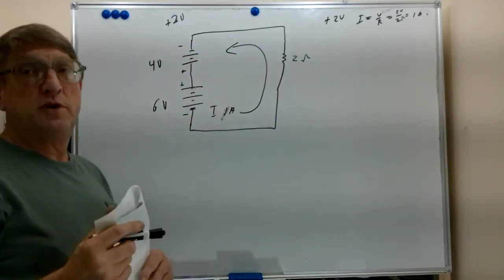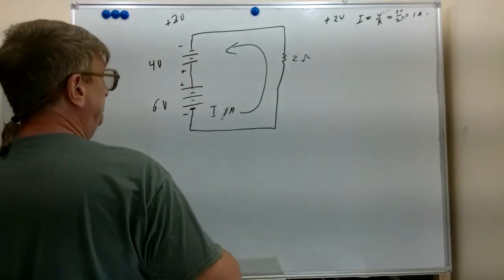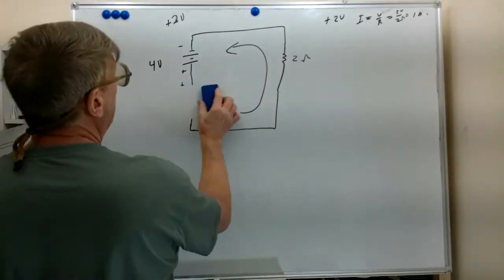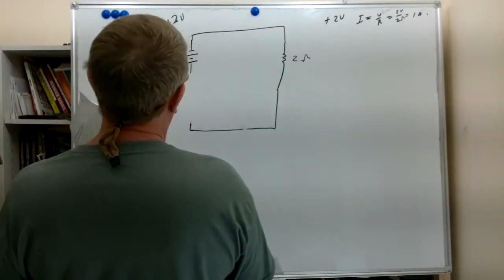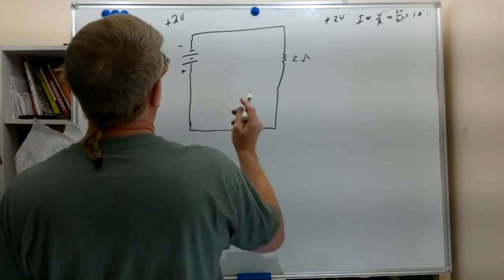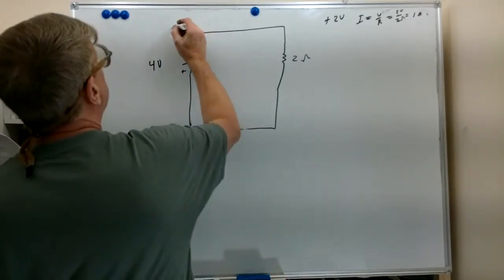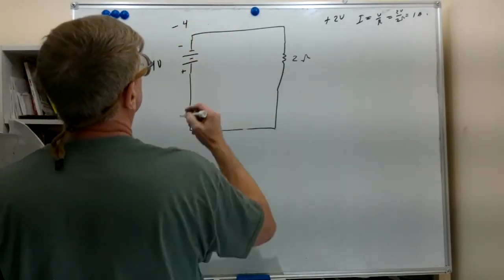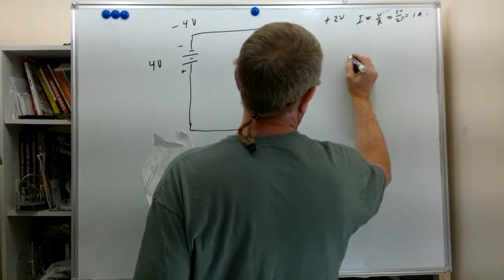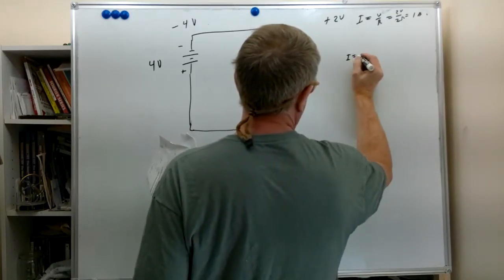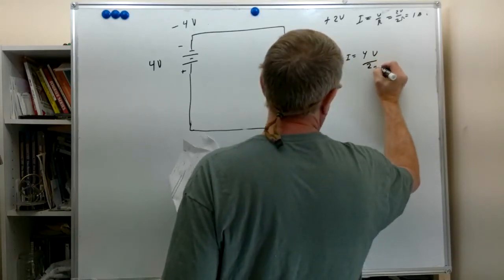Now we're going to do this one using the superposition method too, real quickly. We have just the 4 volt supply. Now we have a negative 4 volts. So we have I equals 4 volts divided by 2 ohms.